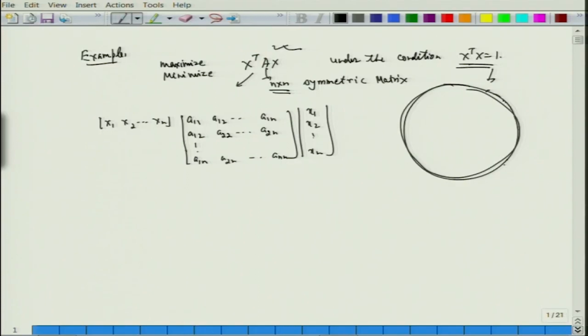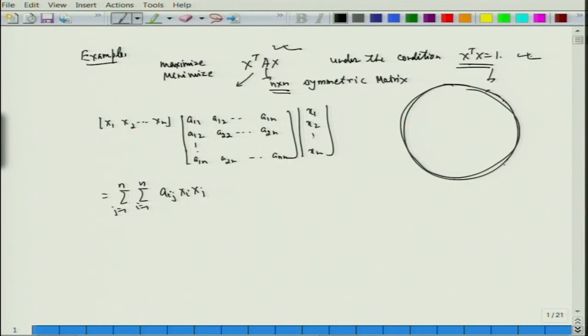So this will turn out to be the summation of aij xi xj, i going from 1 to n, j going from 1 to n. This is what it is going to look like, and we need the condition that we have.